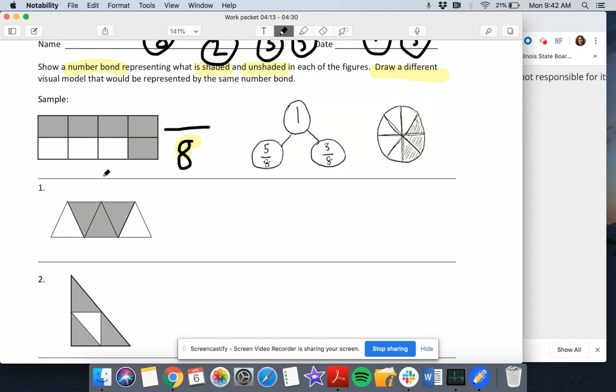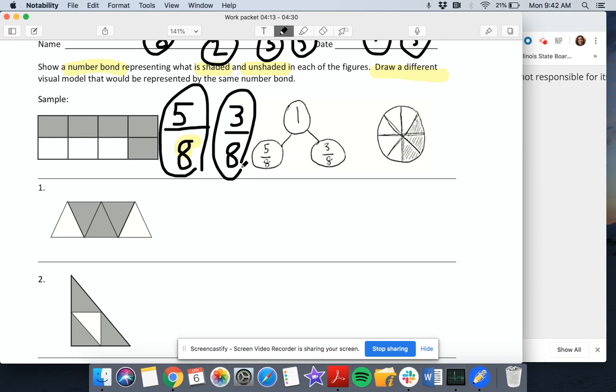How many boxes are shaded? 1, 2, 3, 4, 5. 5 boxes are shaded. And then how many boxes are not shaded? 1, 2, 3. So 5/8 represents shaded, and 3/8 represents not shaded.